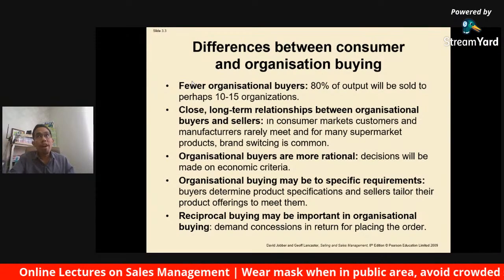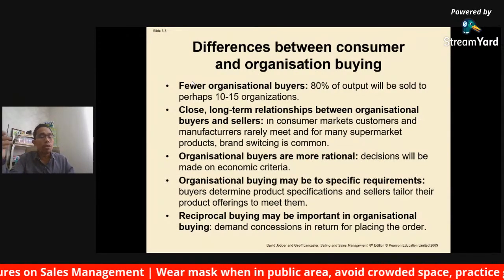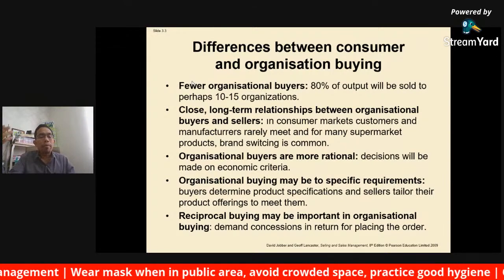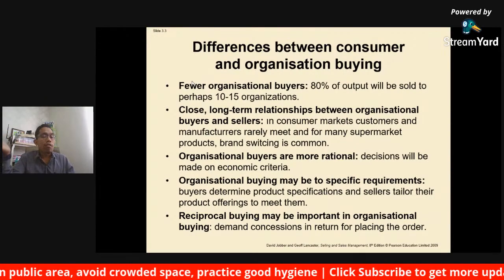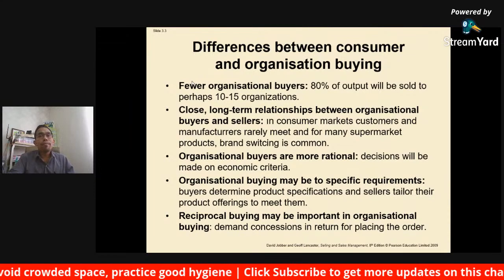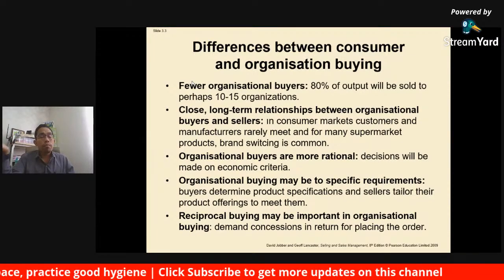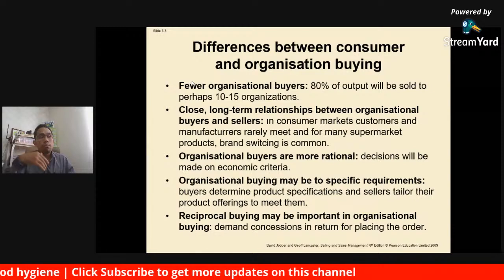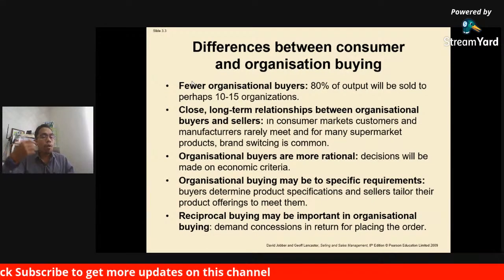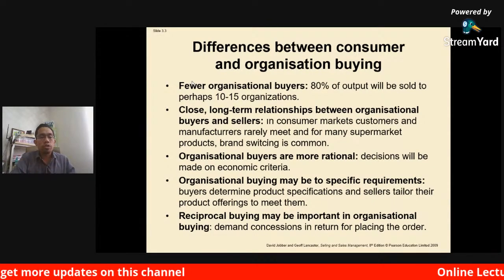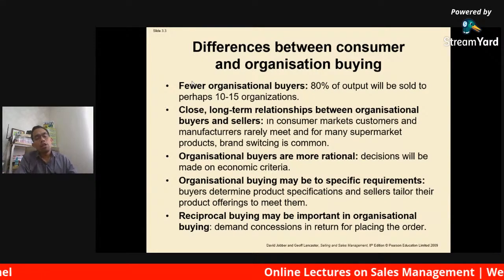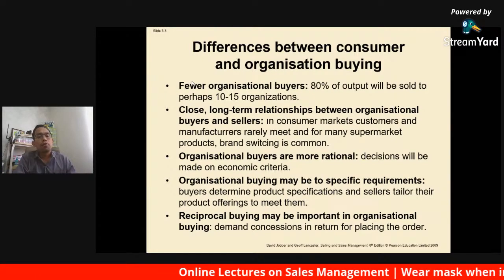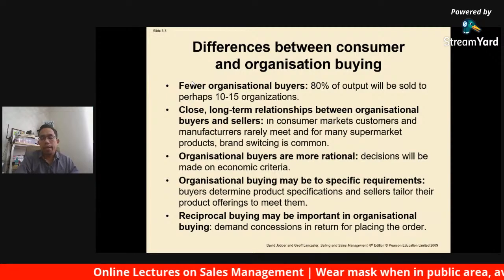For example, a bottle manufacturer supplies bottles to a chemical company to bottle their solution, and after that we buy their product for our own consumption and usage. Those are some of the characteristics that differentiate consumer and organizational buying.